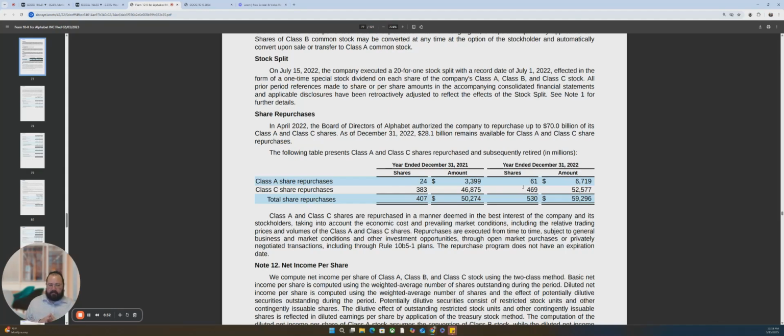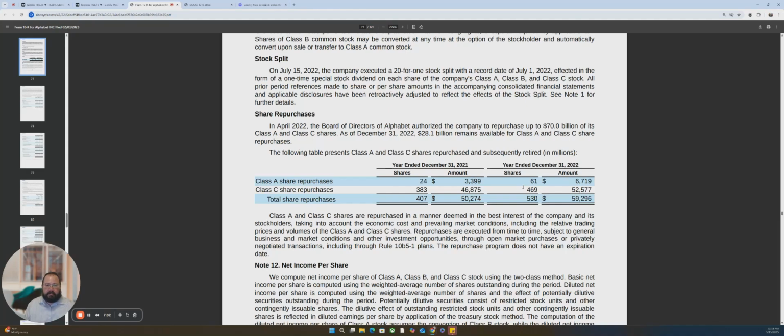We're talking about over here 469 million shares bought back on the Class C versus 61 million on Class A. If you do the math, that's about a 7.5 times difference, which means for every Class A share that they bought, they basically bought 7.5 Class C shares. So that's also going to create a difference.